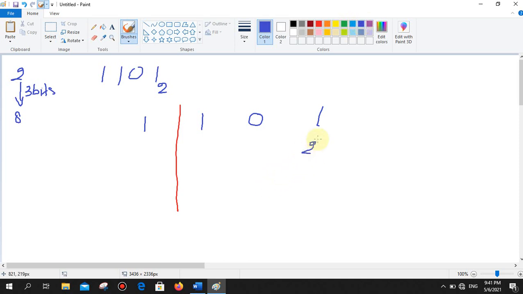2 to the power of 0 into 1 plus 2 to the power of 1 into 0, this value, and plus 2 to the power of 2 into 1.